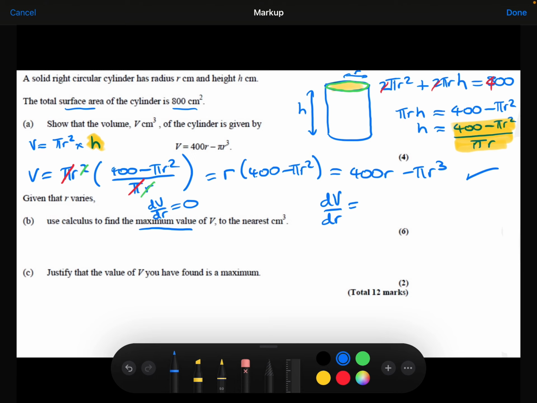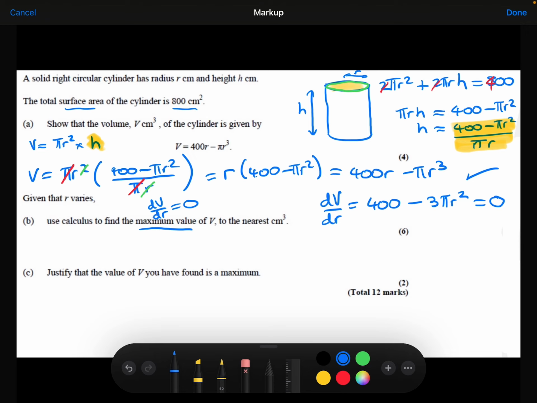So 400r differentiated will just be 400. And the pi r cubed will differentiate to be 3 pi r squared. And at a maximum, this equals 0.